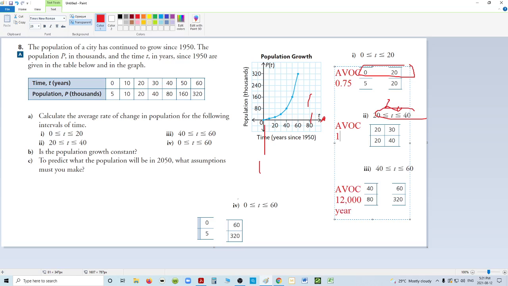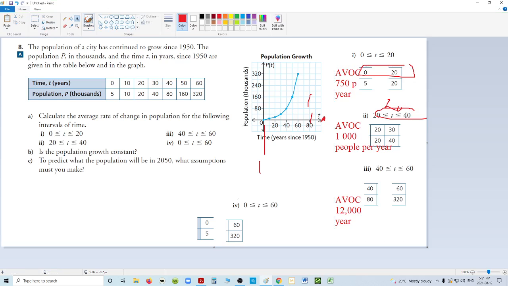And to put it into perspective, up here it is 750 people per year, and that's because you've got to remember everything is thousands of people. So you can see how much more people are increasing in that last phase.